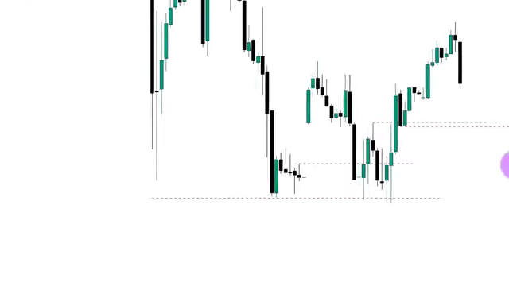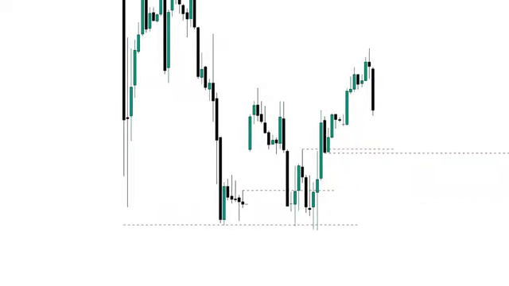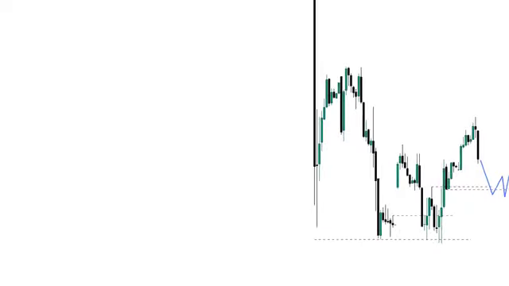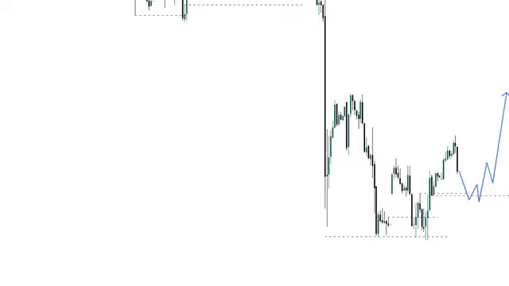Then once we see another shift of market structure bullish around this level right here, something like this on the 1 hour, then I'm going to buy once price returns into internal range into those levels on the daily and the weekly time frame. Okay, so we are trading a retracement into internal range this week of the weekly time frame.